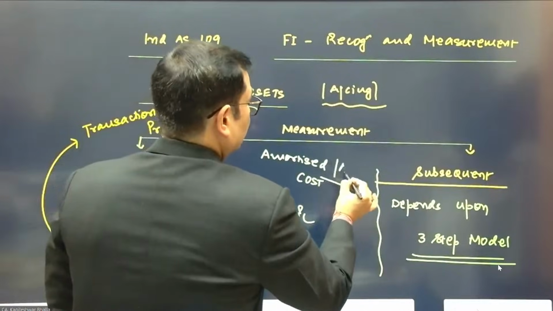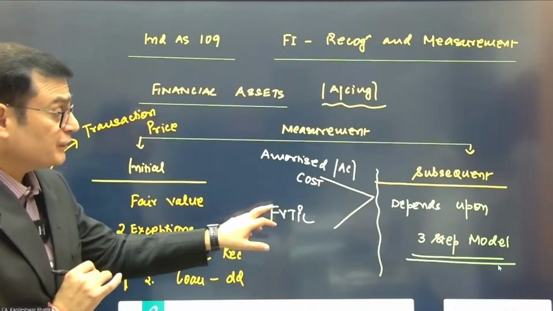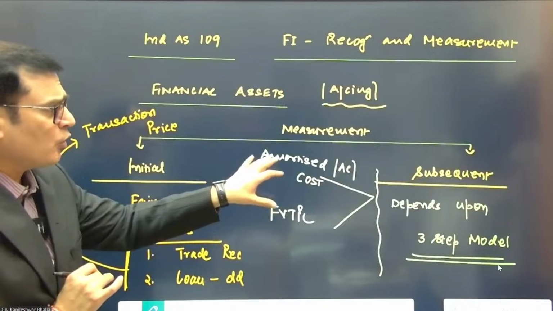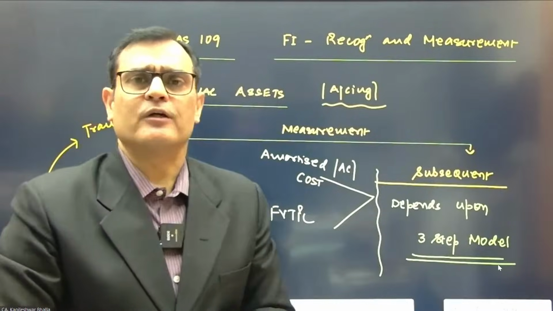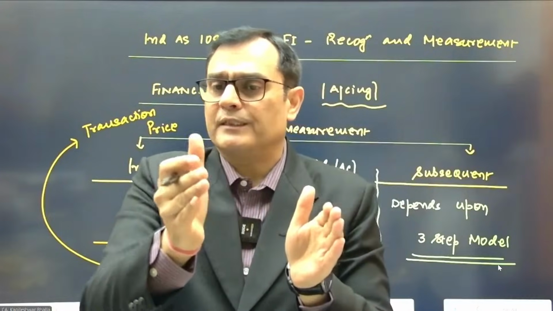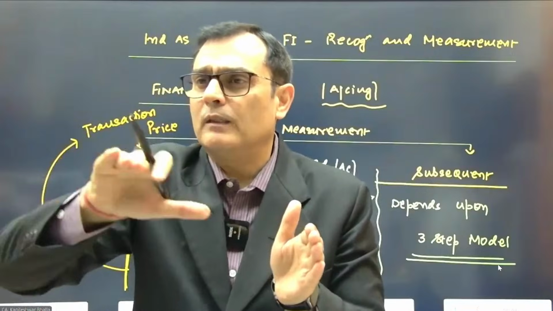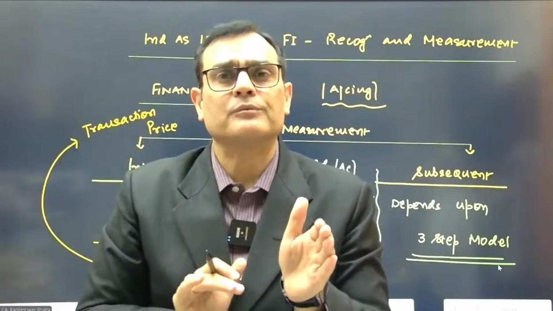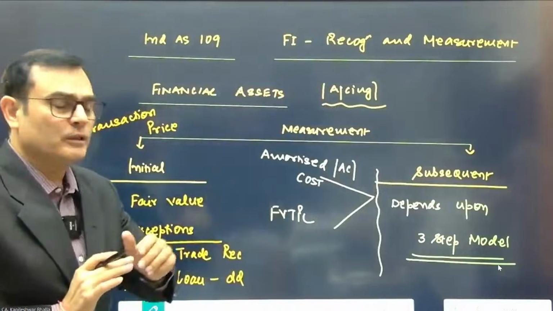We call it in short as AC. Or it may be measured at a fair value through P&L, FVTPL. So this is like a cost model and this is like a fair value model. The financial assets will be captured at a fair value at each balance sheet date, and the changes in the fair value will be put in the profit and loss account. That's called FVTPL, fair value through profit and loss.